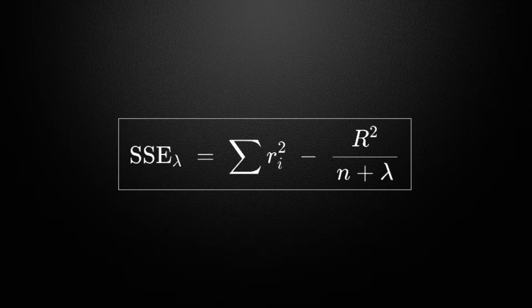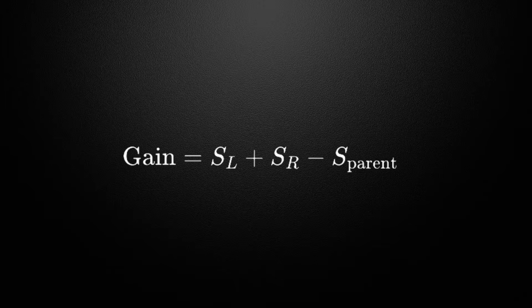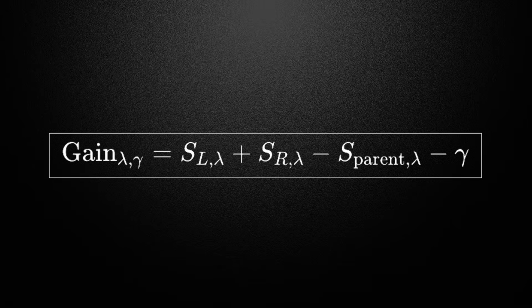The previous equation for gain that we saw looked like this. And now the new equation, once you add regularization and the gamma value, which we talked about before, the new gain would look like this. The gamma value here is like a toll that's added to the gain calculation. You only split if the gain is bigger than gamma.